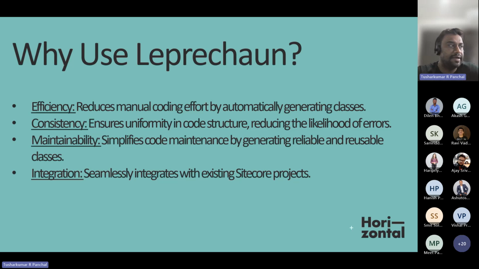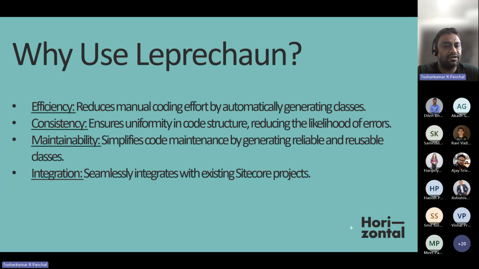As I mentioned in that slide as well, why do we need to use Leprechaun? By utilizing Leprechaun, we can reduce our manual coding effort, which is an efficiency, and we can have a consistent format of our code. It also reduces human errors that occur when we write code manually.